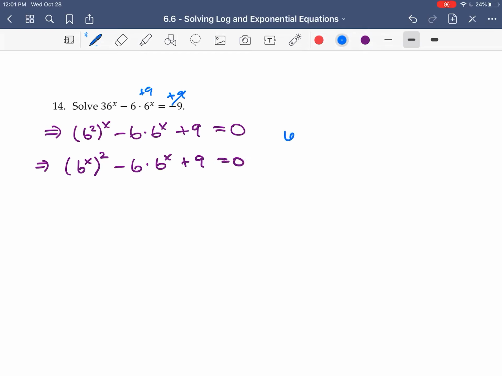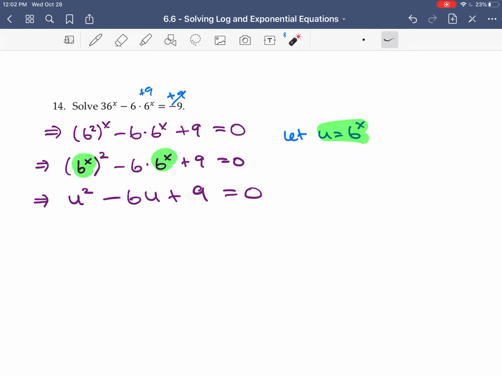Okay, now if I let u equal 6 to the x, and I replace these 6 to the x's with u's, then my equation is going to become u squared minus 6 times u plus 9 equals 0. So now I have a quadratic equation in u.